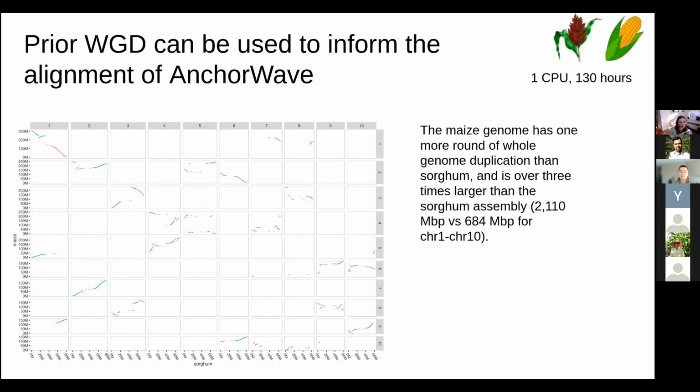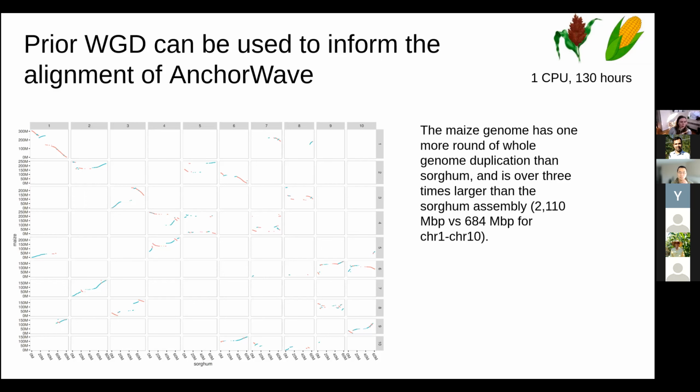And so what that means is that we can tell AnchorWave that we know this to be a fact, and then allow any anchor in the sorghum genome along the x-axis to be present up to 2 times in the maize genome. We can see that working in this longest path on chromosome 1 of sorghum over on the left, where there's a homologous sequence on chromosome 1 of maize, but also chromosome 5 of maize and chromosome 9 of maize.